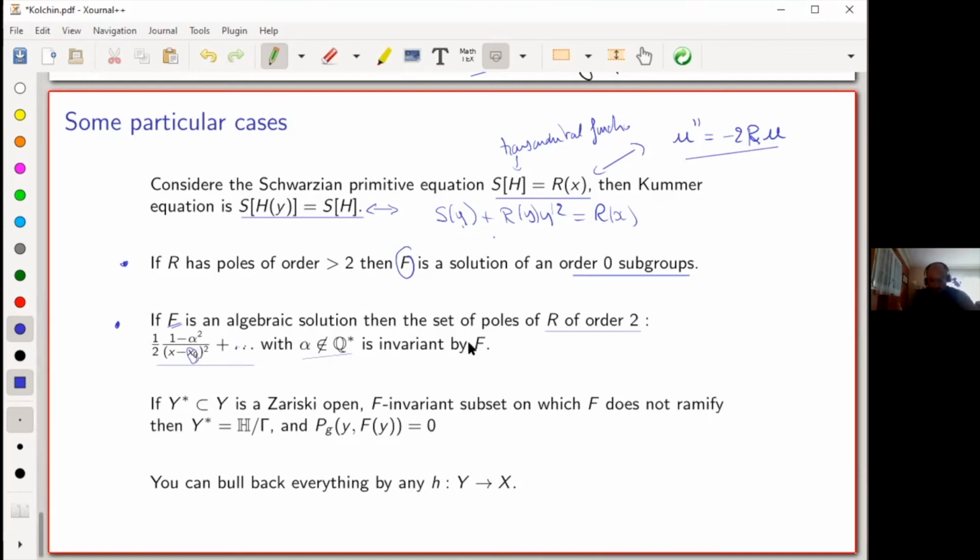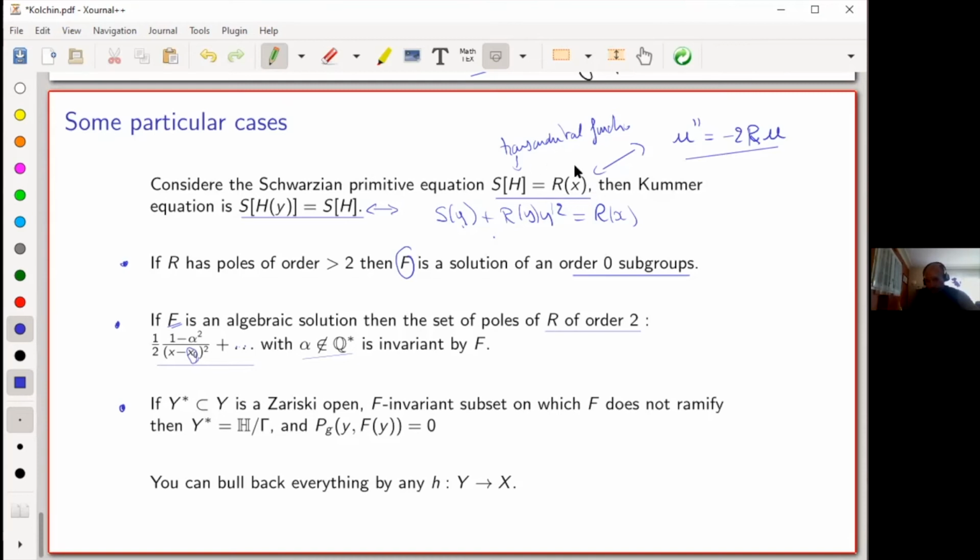So this set is invariant. This is a set I have to take out, when I said my quotient is X star inside of X as a Zariski open. These points are a problem.